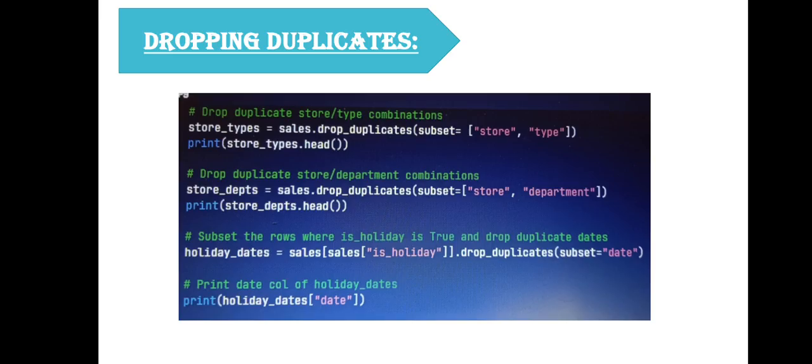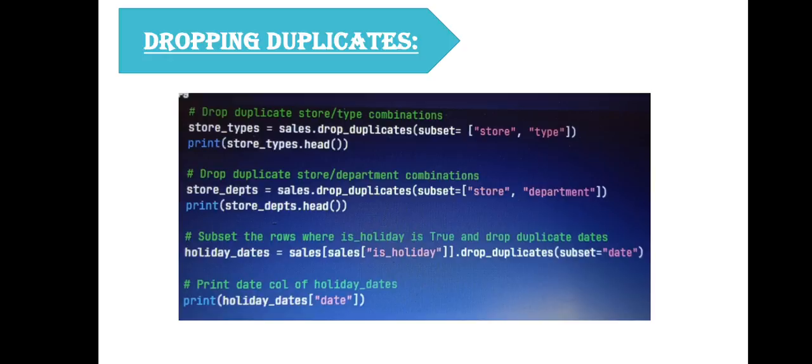Then dropping duplicates. First is drop duplicates, store type combinations. Store_types is sales.drop_duplicates with subset store type, then print store_types.head, then drop duplicates store by department combinations.